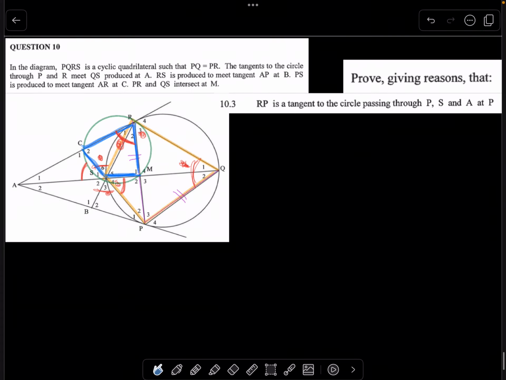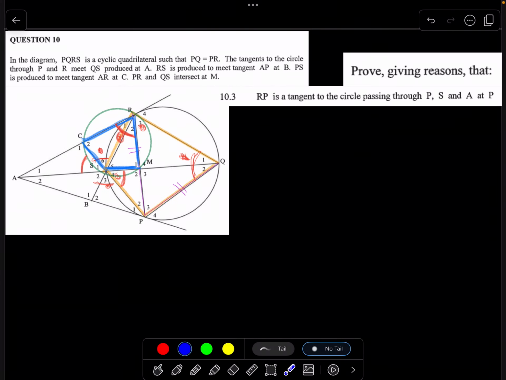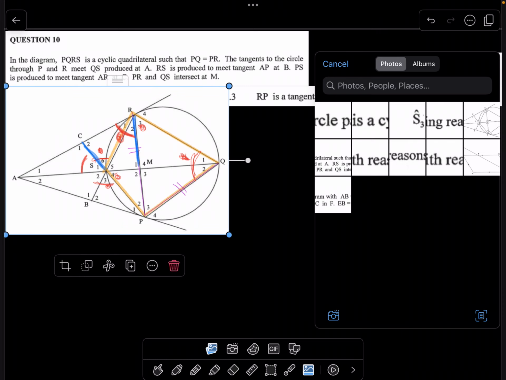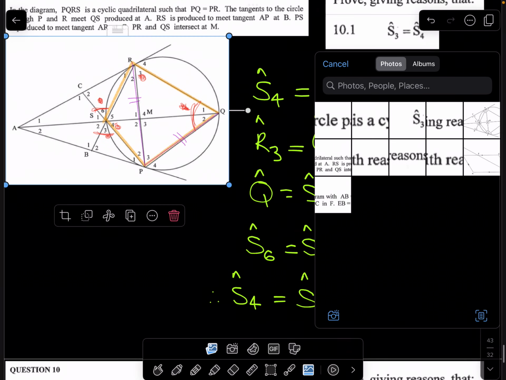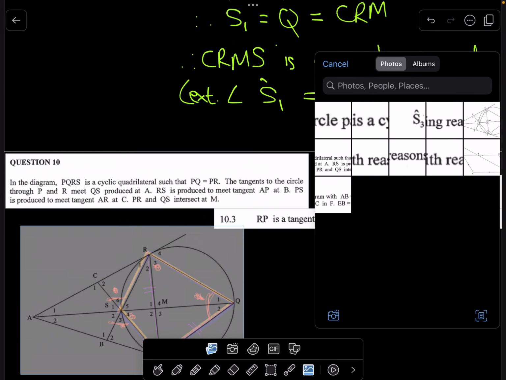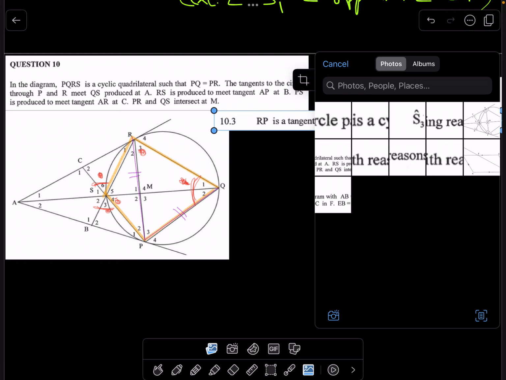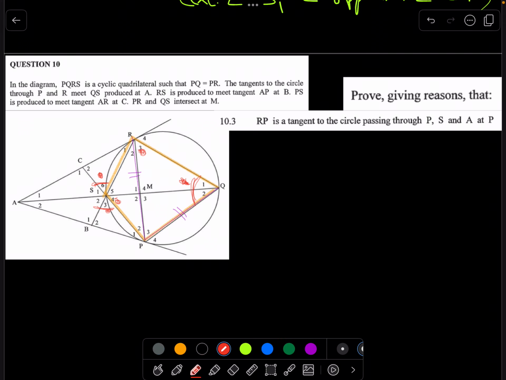Okay, the last question asks us to prove that RP is a tangent to the circle passing through P, S and A at P. I'm going to get rid of this one and bring the old one back.